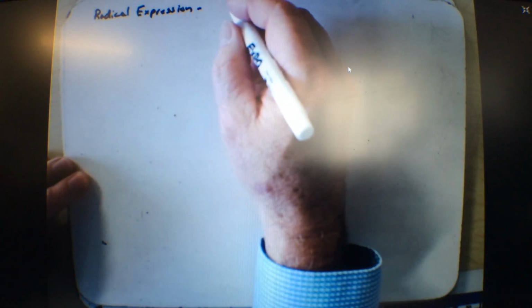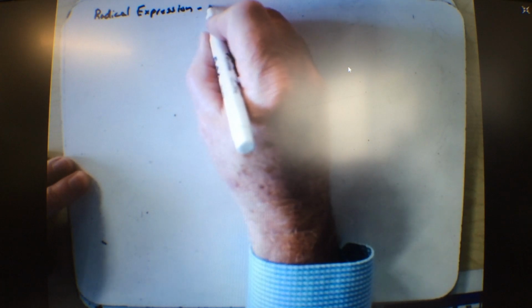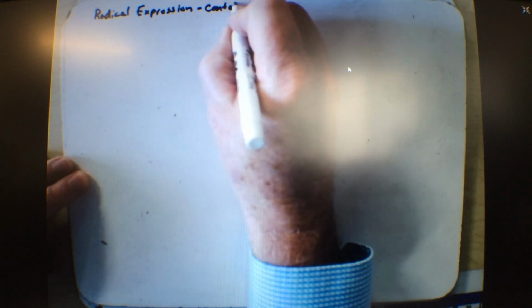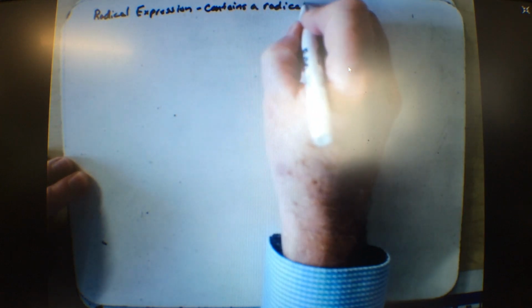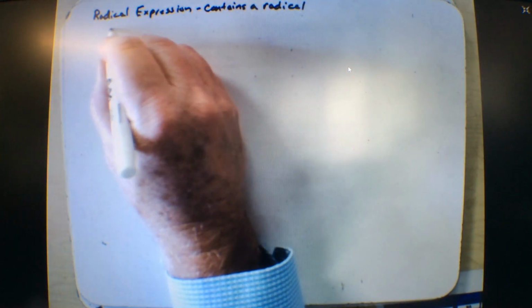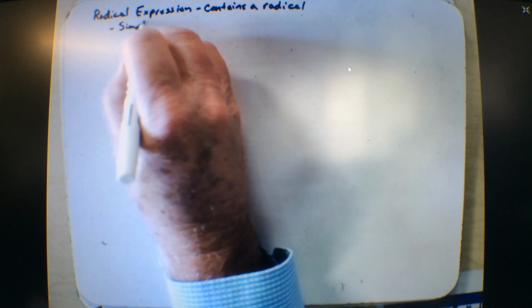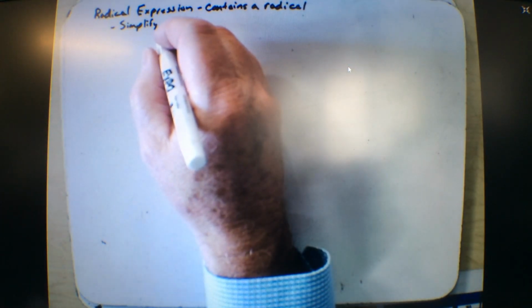Radical expressions contain a radical, such as a square root. They also contain a variable, most oftentimes. They can, which we haven't talked a lot about. Now, we've already talked about simplifying radical expressions, and that was that worksheet that we had.